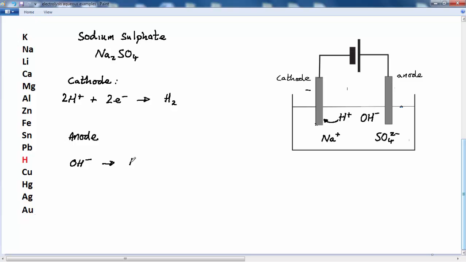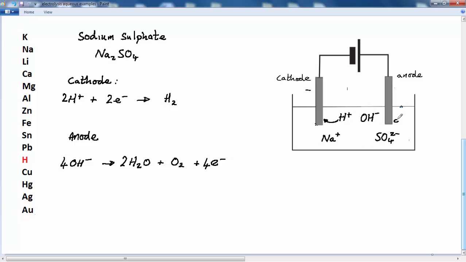This will produce water and oxygen plus e-, and so we need to balance that. Then we're going to put a 2 here and a 4 here and a 4 here. That's the standard half equation for the oxidation of the hydroxide ion. It's probably worth you remembering that particular equation.